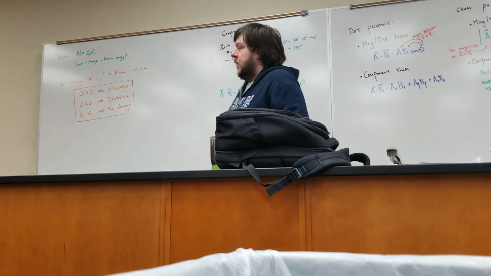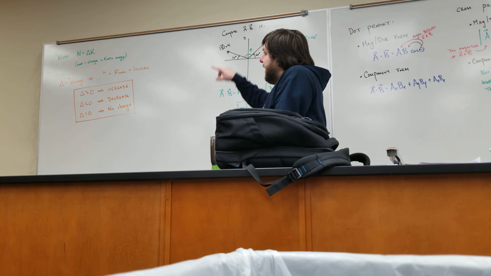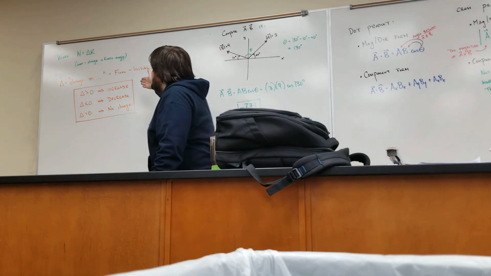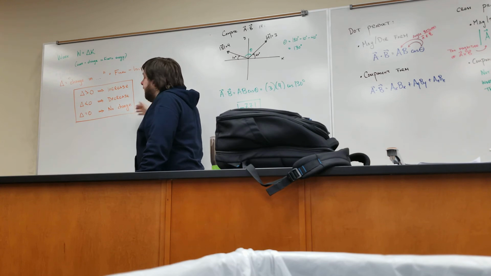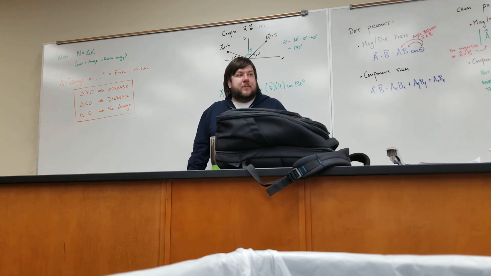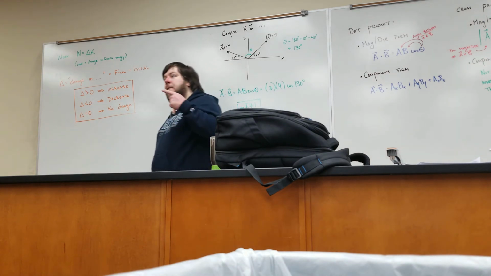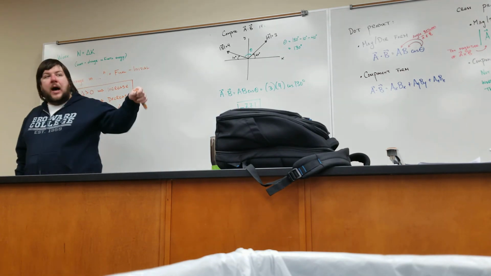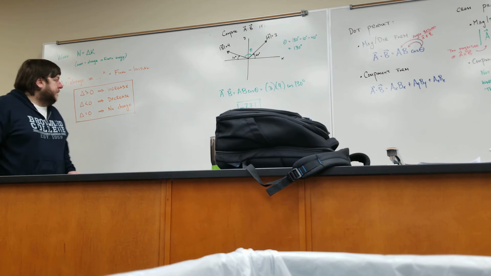I want to show you guys that the work obeys the correct delta rules when you define it as the dot product between the force applied and the direction that the object is moving.